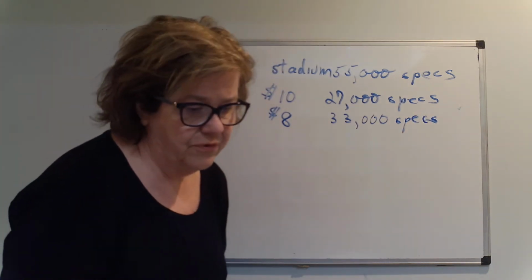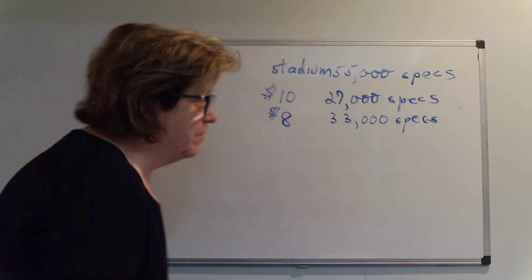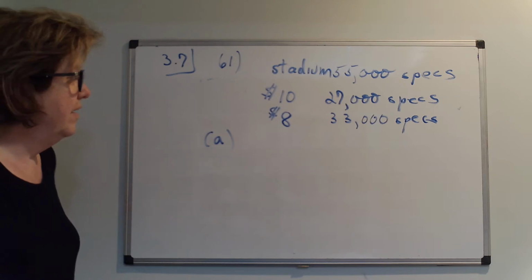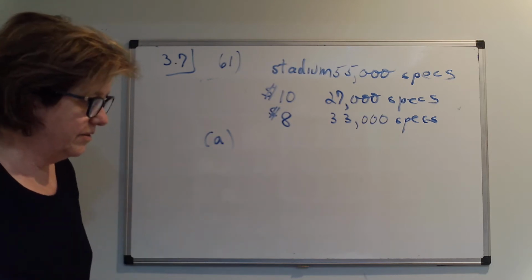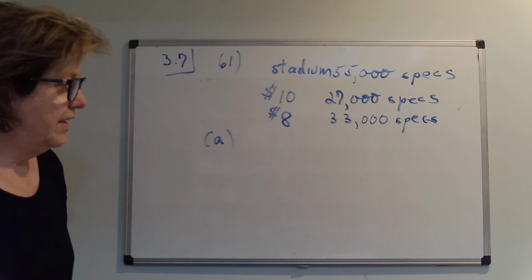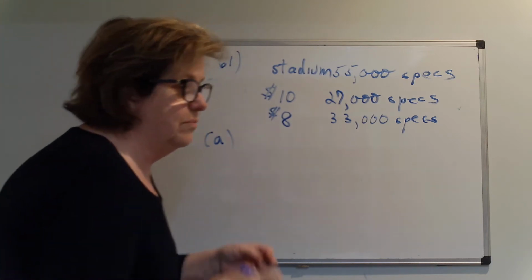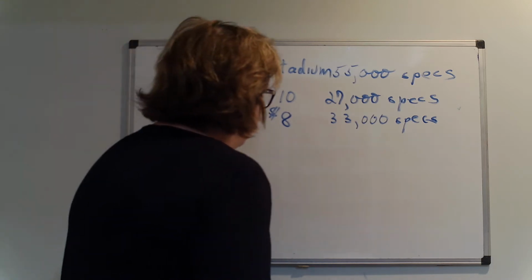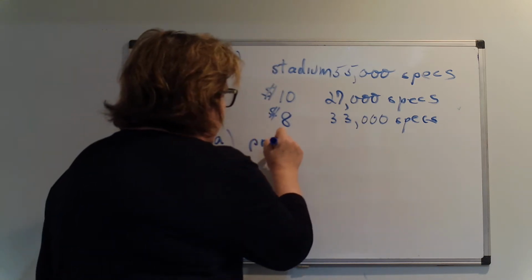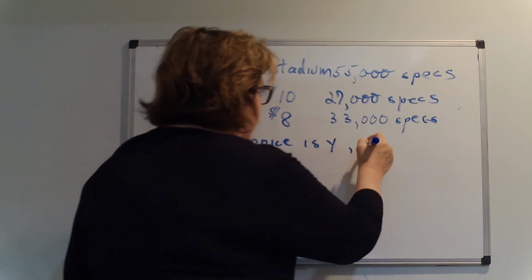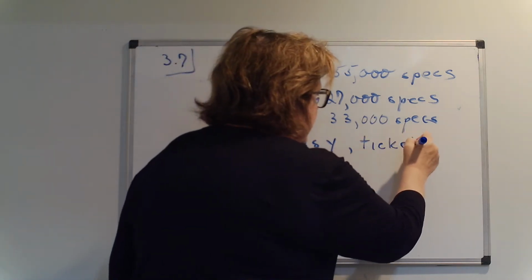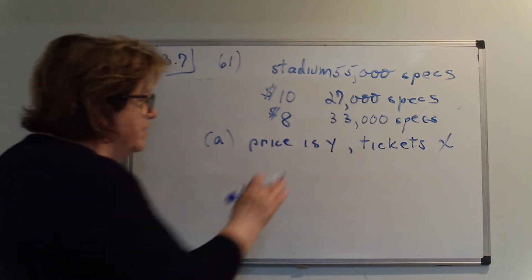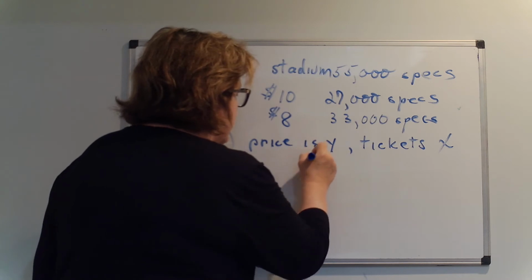Okay, so the first question, find the demand function, assuming that it is linear. So what do they mean by that? The demand function is a function that relates the price to the number of tickets sold. So basically, it's a function where price is the y variable, and the number of tickets is the x variable. So y is a function of x.